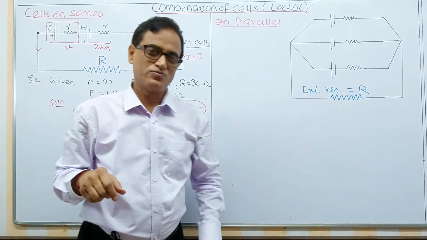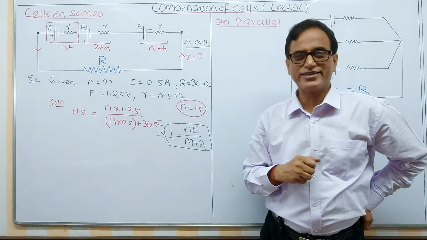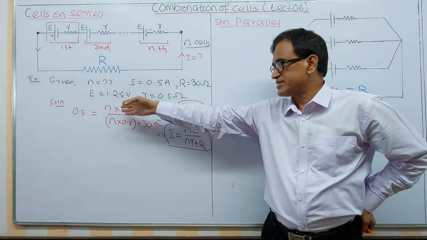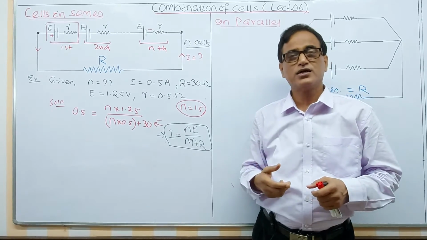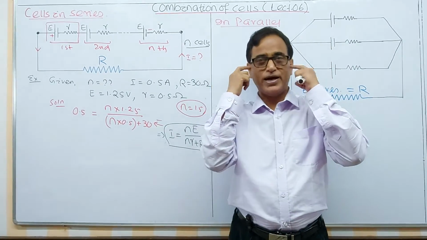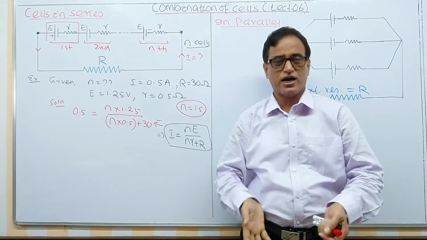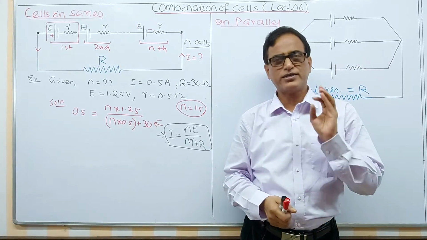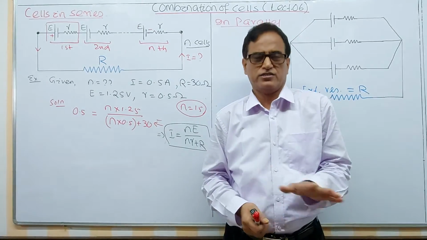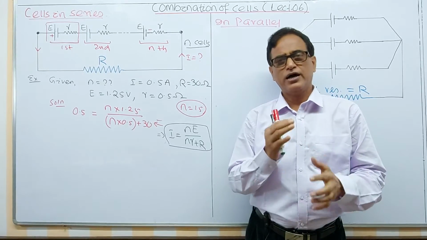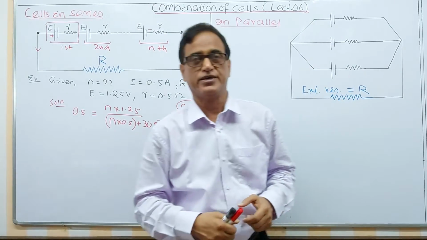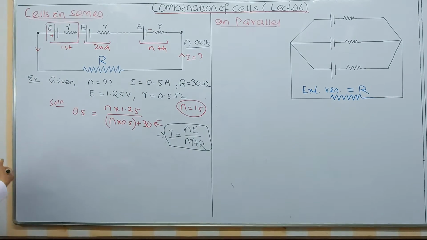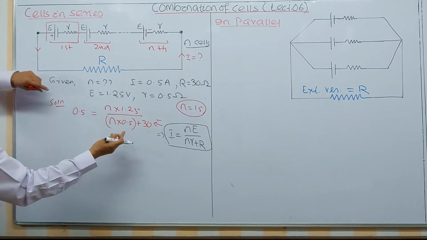Again I am telling you, by observing these types of equations, some students get afraid, but keep in mind, we can calculate this. The data in the numericals will definitely be given in the examinations with typical values which can be manipulated very easily. So here I am simply doing the mathematics.